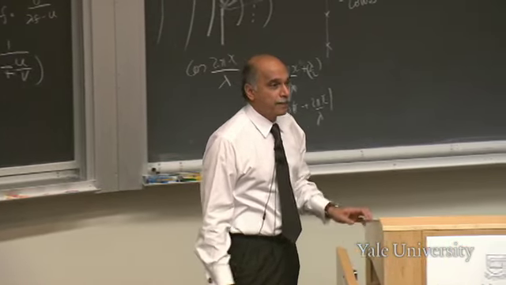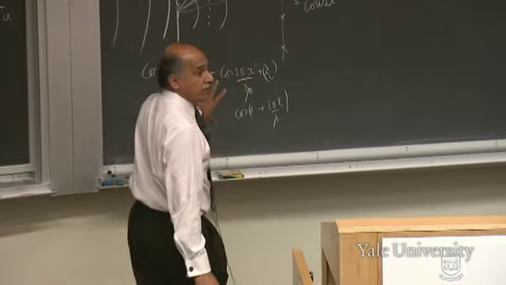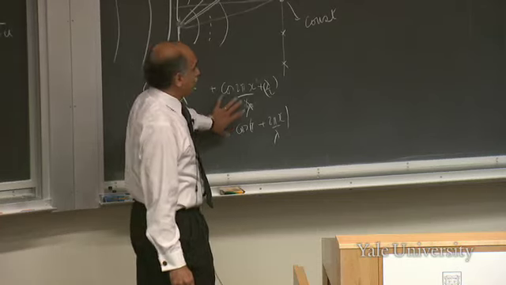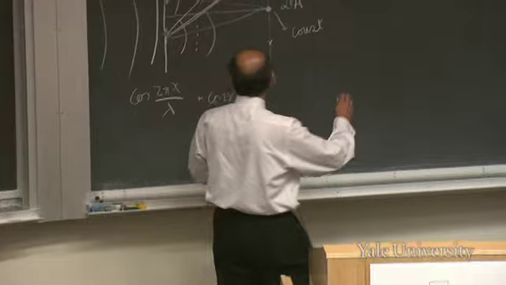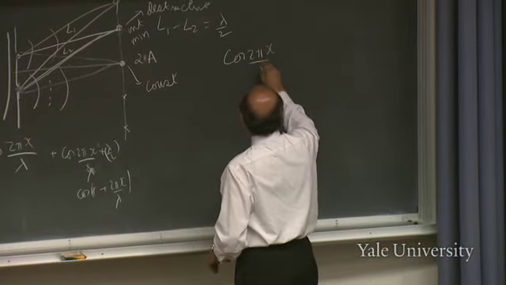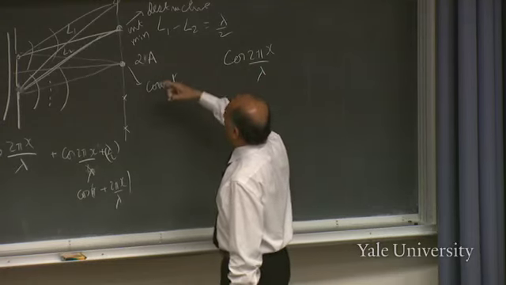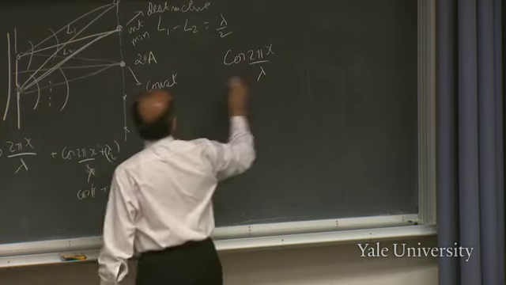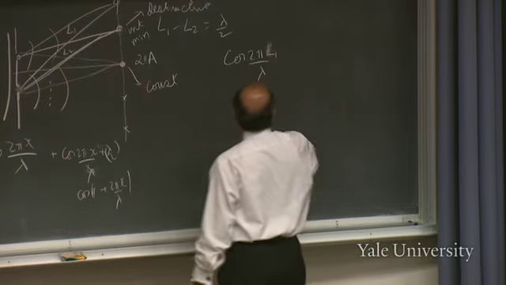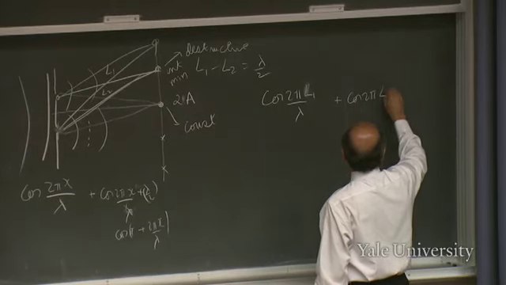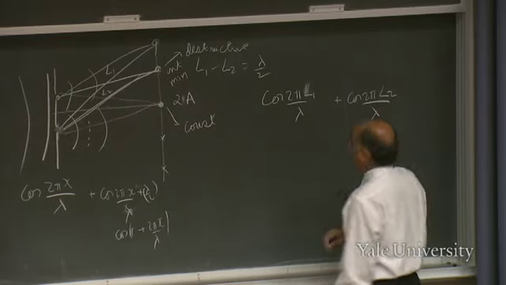Yes? What's that equation down there, though? Here? Yeah. You're not able to read this equation because it's very badly written. Let me tell you what I tried to do. Cosine 2 pi x over lambda, let's pick a certain time so that I don't worry about omega t. In fact, let me write it as L1. The other one is cosine 2 pi L2 over lambda.